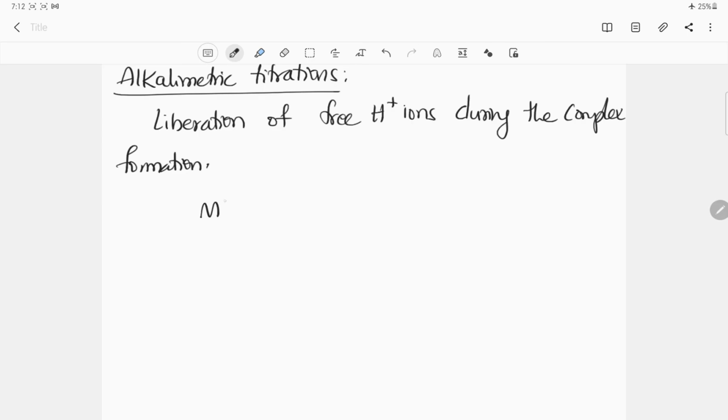Let it be M to the n plus, the metal which is reacted, with H2Y 2 minus, this is the ligand which is having hydrogens, which results in the metal complex, where n is the oxidation state, and 2 H plus. These are the liberated protons.